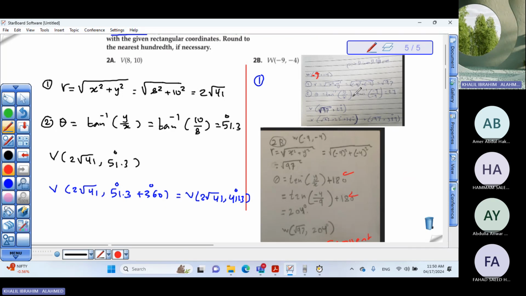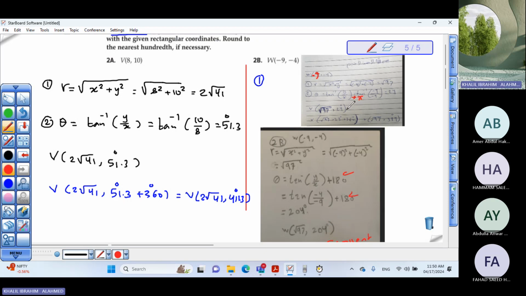Here you should add pi or 180. That's it. So the answer here isn't right. Here, plus pi or 180, like Mr. Abdullah.